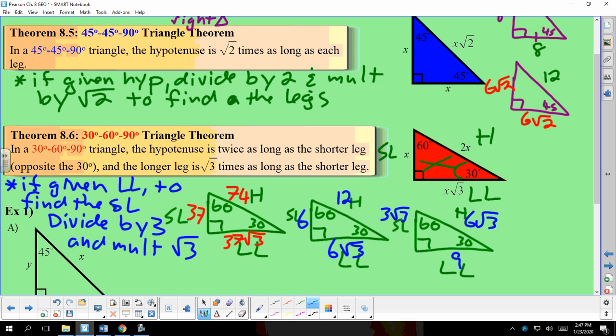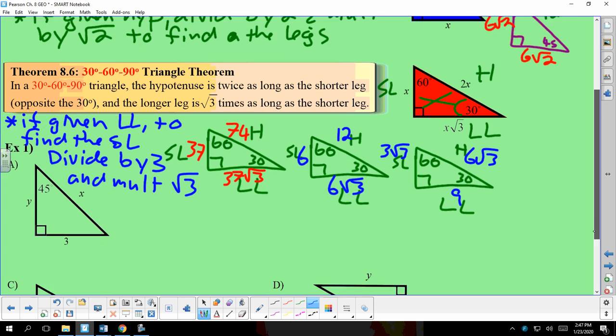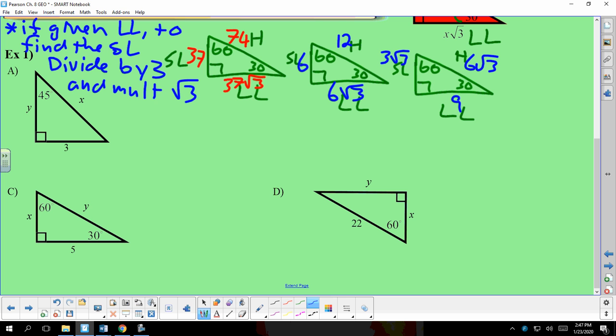Okay? So let's look at this first example, Example C. First thing I'm going to do with these as I'm starting to learn: label our short leg, our hypotenuse, and the long leg. Let's decide what we have. Do I have the x, the 2x, or the x root 3? You have the x root 3, that long leg.